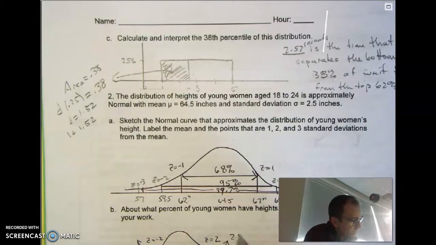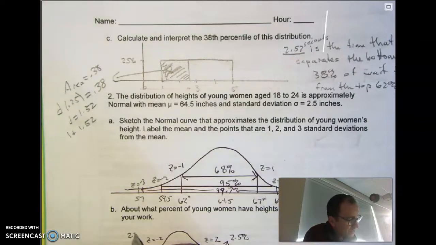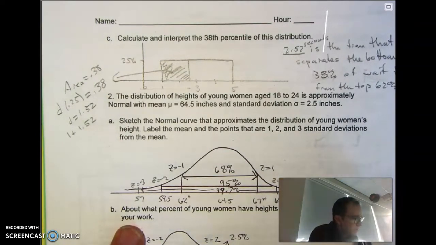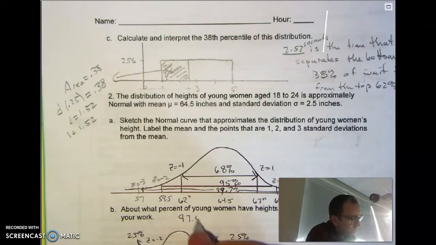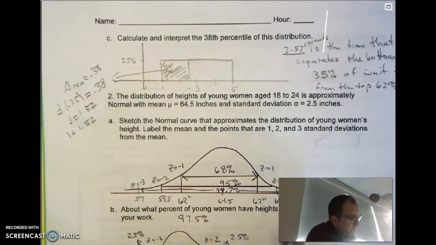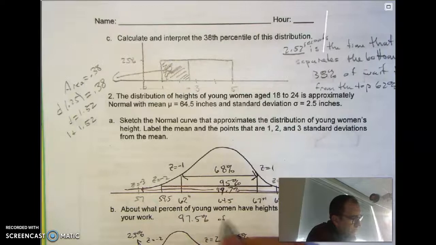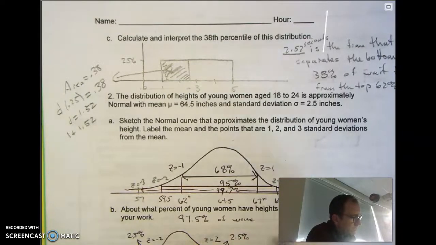So each of those must have 2.5% of the women in that region. So to figure out what heights would be less than 69.5, we could either add these two numbers together, or we could subtract this 2.5% from 100%. Either way, we're going to get about 97.5% of women will have heights less than 69.5.